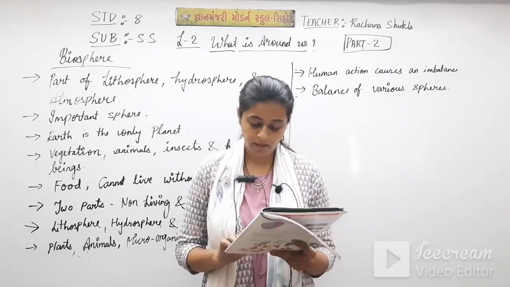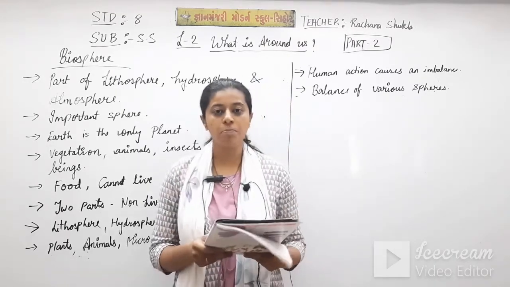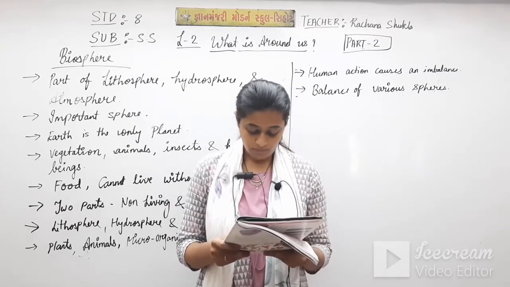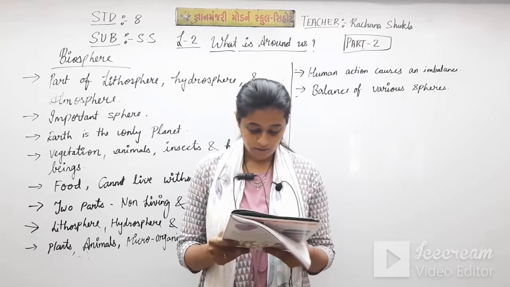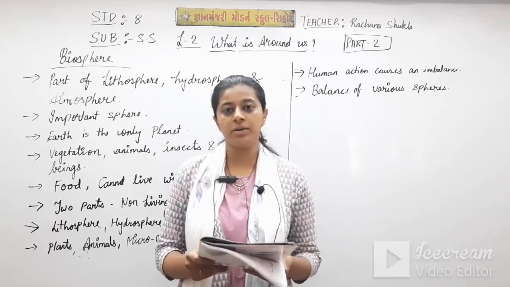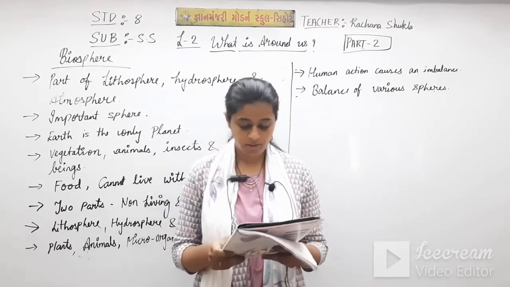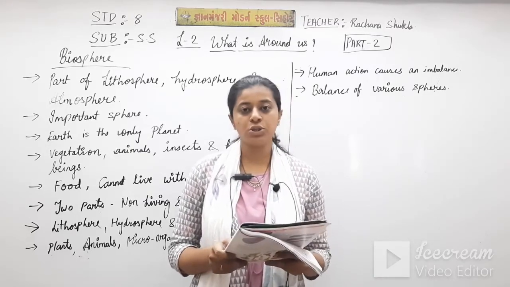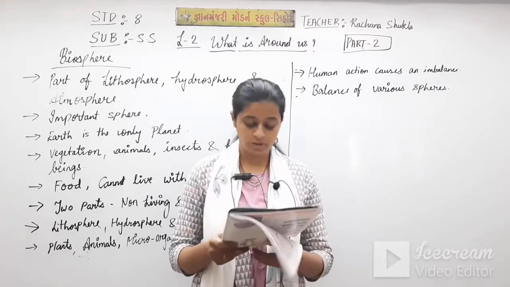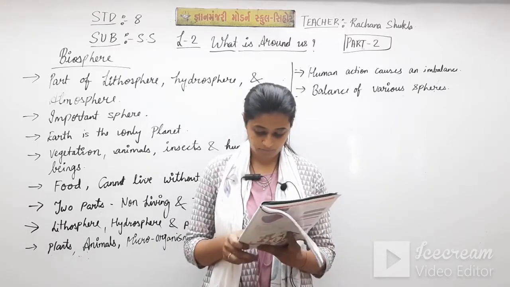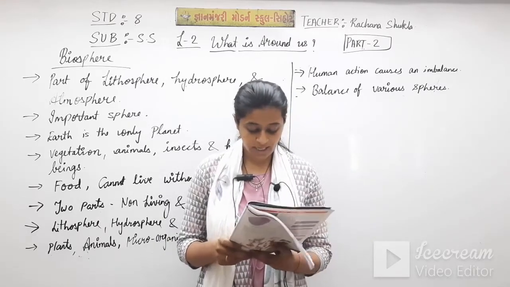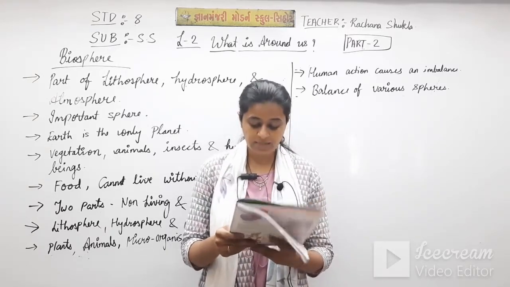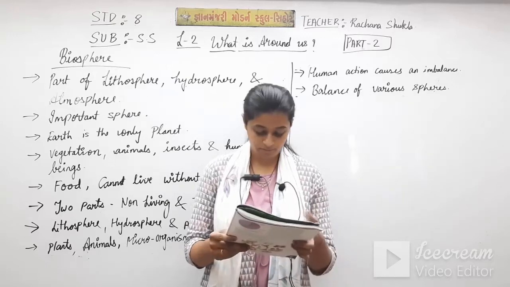Number 3. What is atmosphere composed of? Number 4. Which elements are found in atmosphere? Next, what are the percentage of gases found in atmosphere? Next, name the gas which is in very small proportion in the air.